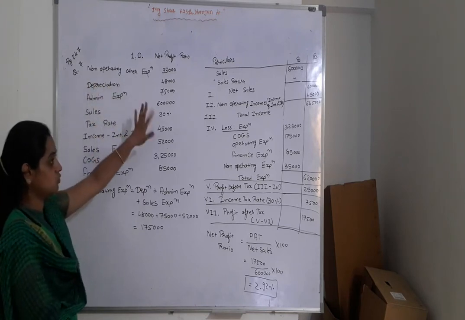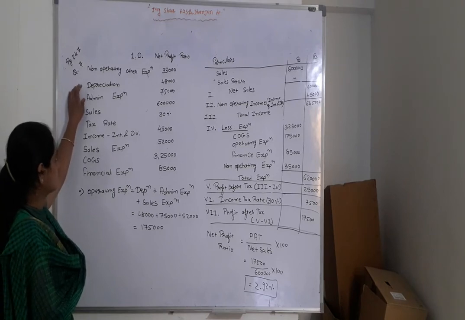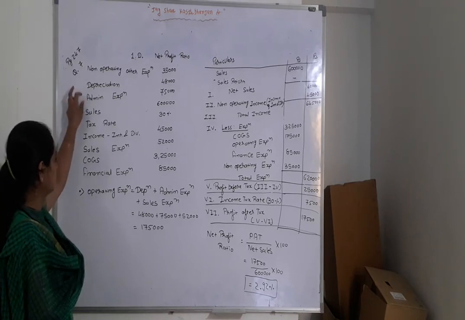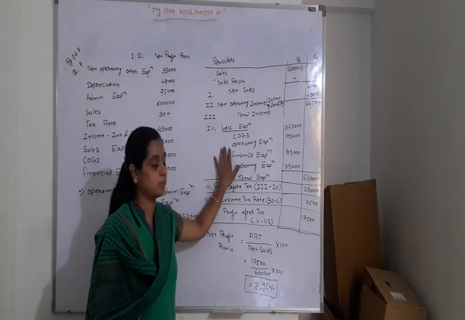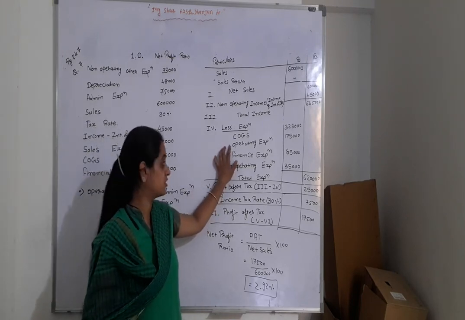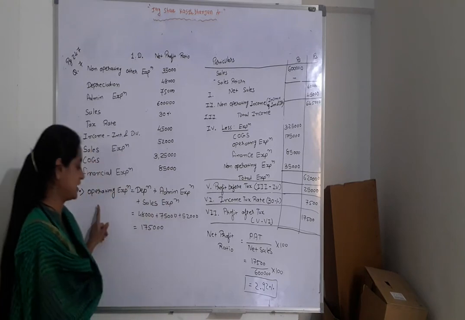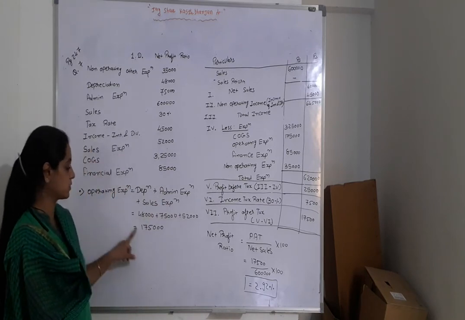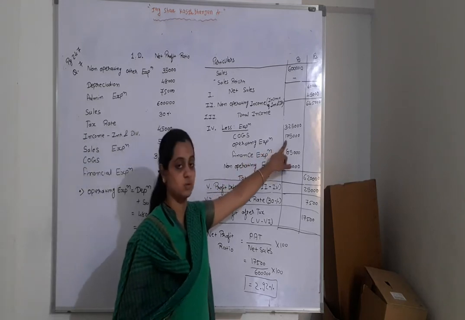We have to write them down one by one. For example, depreciation, admin expense and sales expense come in operating expense. If we don't do the math separately, it will look too dirty in our paper, that's why we have applied the formula over here and do the total and then write the total over here.